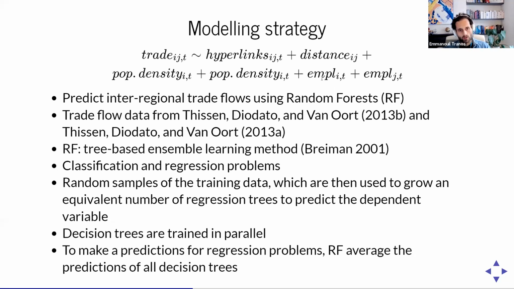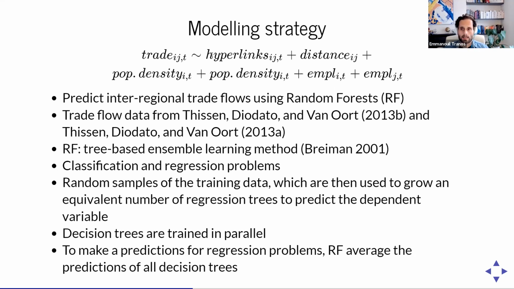And then we use these features in order to predict trade between places I and J, in here T, as this illustrates. What is this trade data? This is the only available interregional trade data we have in Europe that I mentioned in the very beginning.